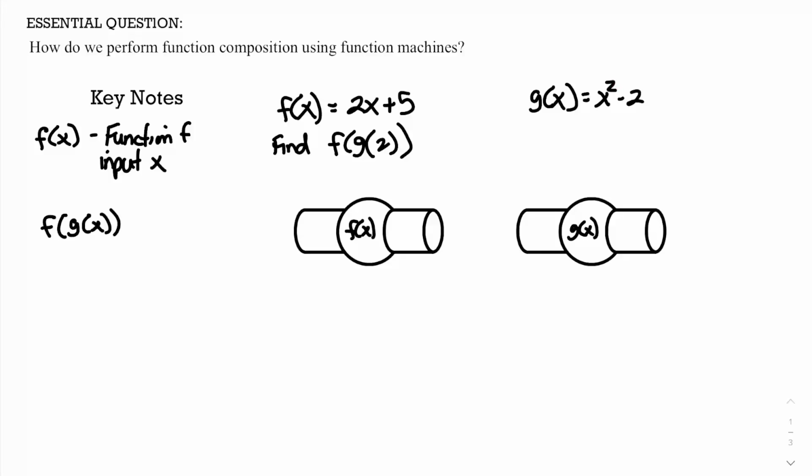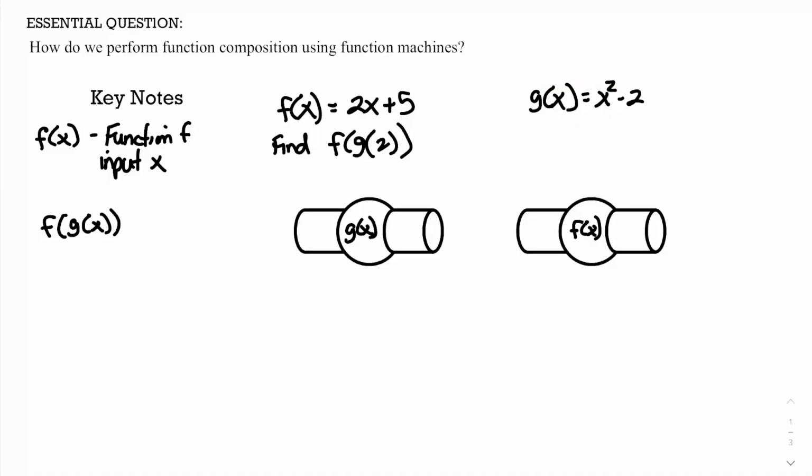Then we're going to take that and plug it into function f. So actually let's reverse these a little bit. We're plugging it into g of x, and that is going to become the input value of f of x. So we're taking 2 for x, and we're going to plug it in here.